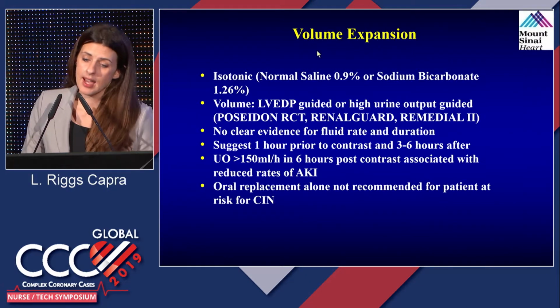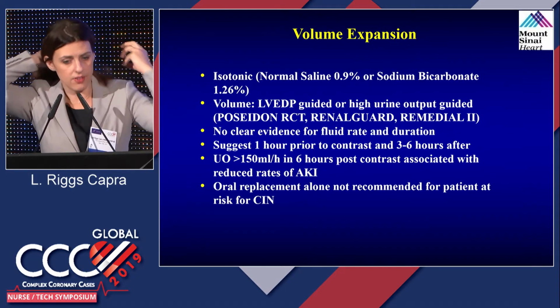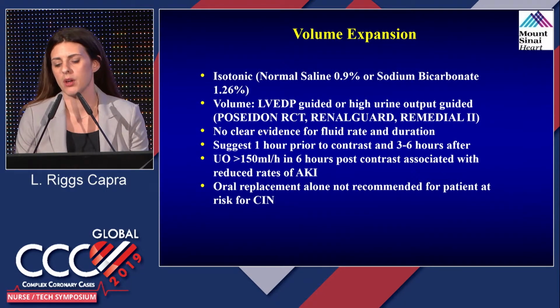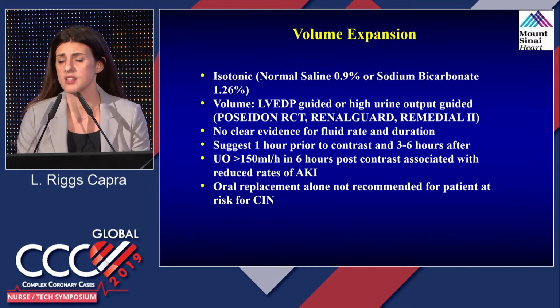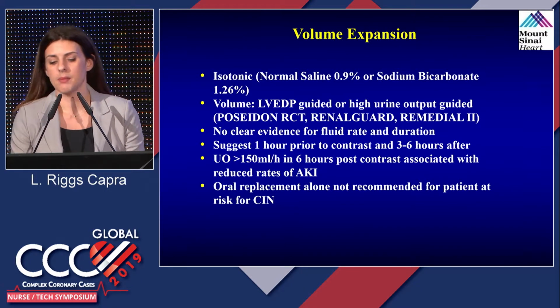So when we're selecting our IV fluids, we should use normal saline or sodium bicarb. Sodium bicarb has been not as available, so we're usually using the normal saline 0.9%. The volume can be guided by different things.